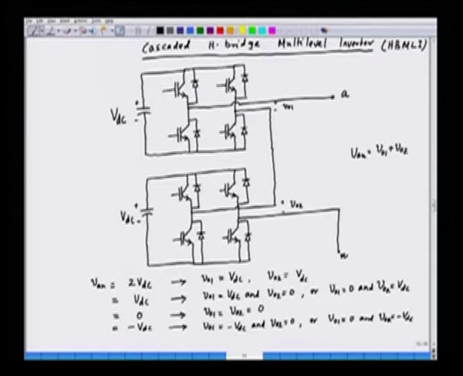And then we have the fifth one, that VAN could be minus 2 VDC, and that is possible when VO1 is minus VDC and VO2 is minus VDC.